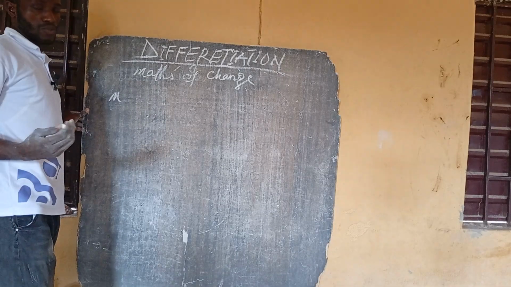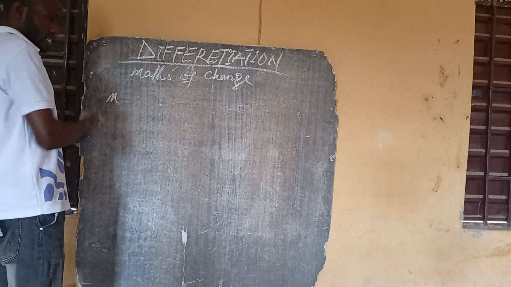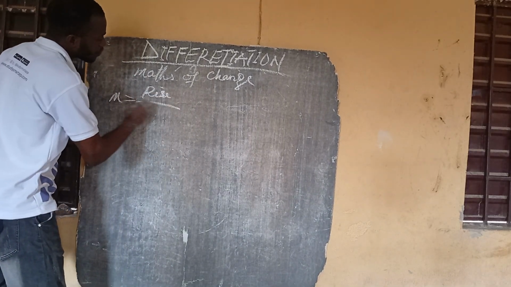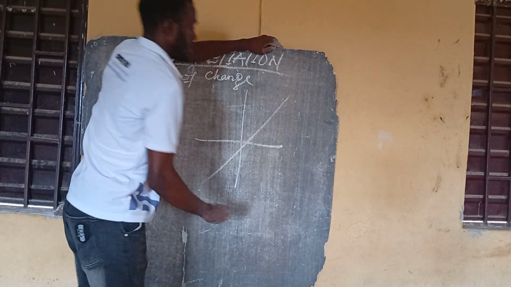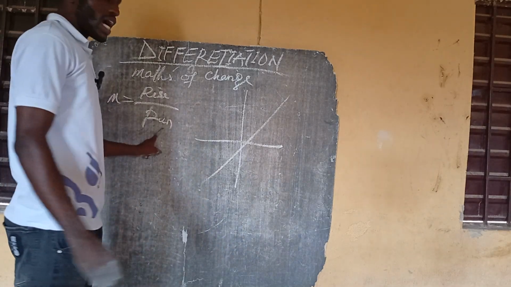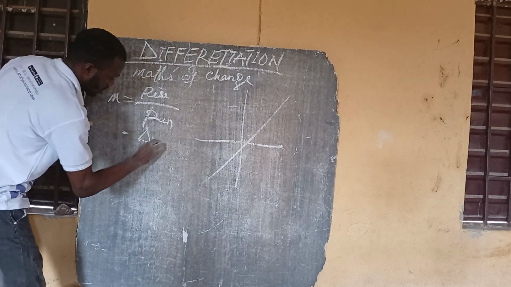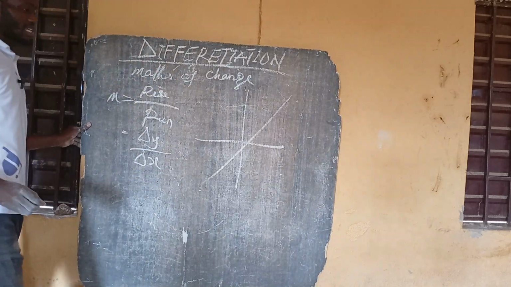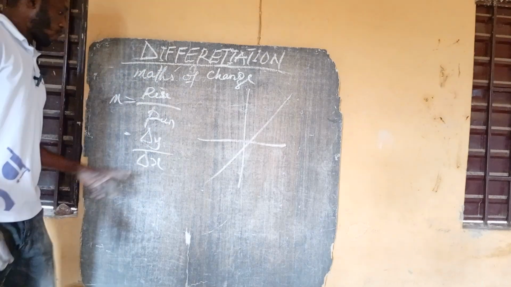Those are the possible names you might find for the same thing. The gradient, the slope, or the rate of change is equal to the rise over run for any linear graph. Does that make sense? The rise is the change in the y-axis over the change in the x-axis.